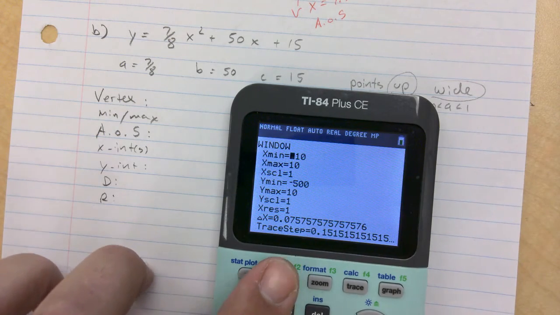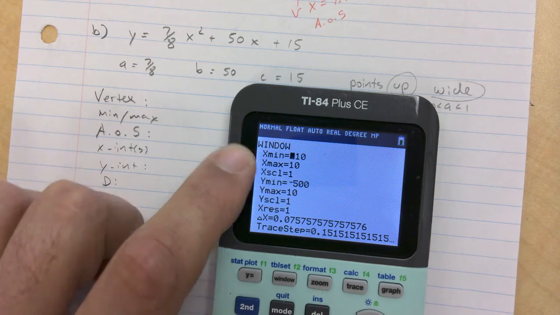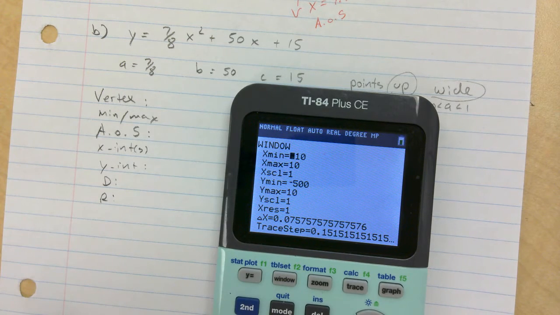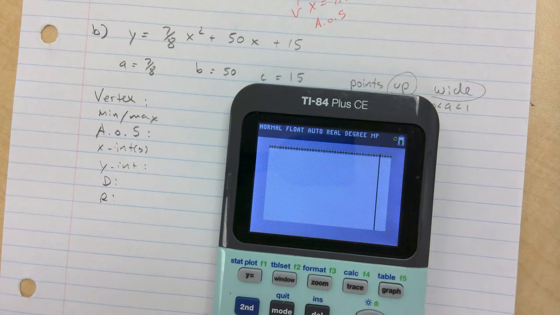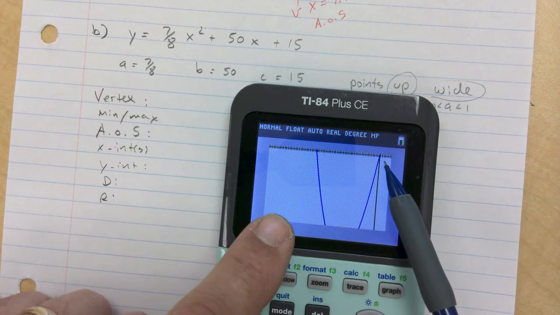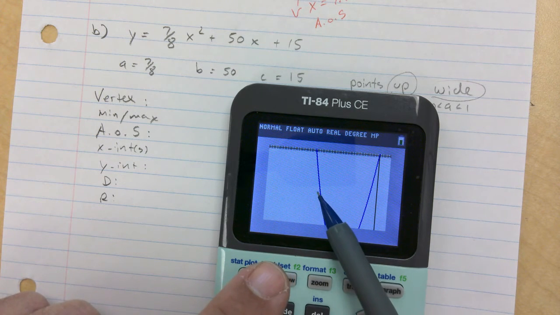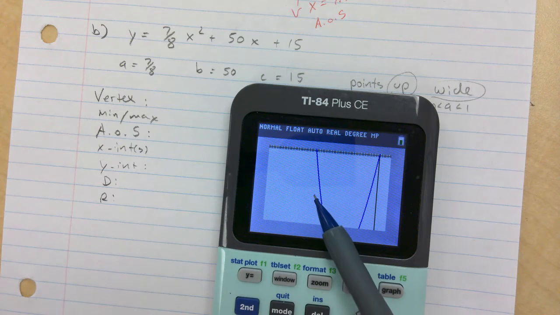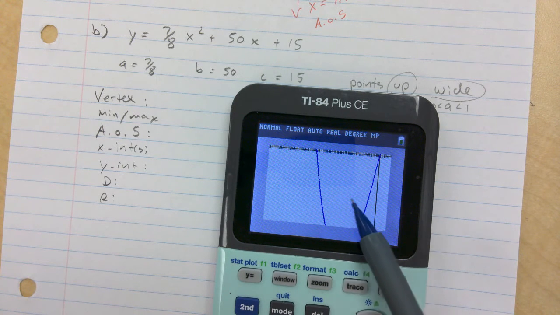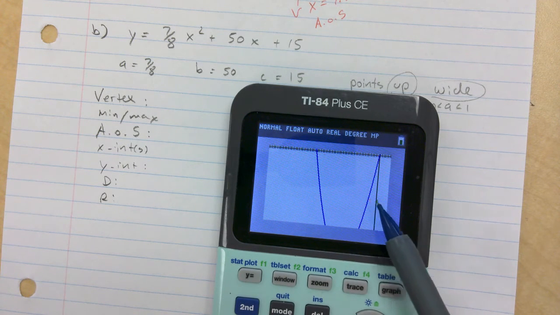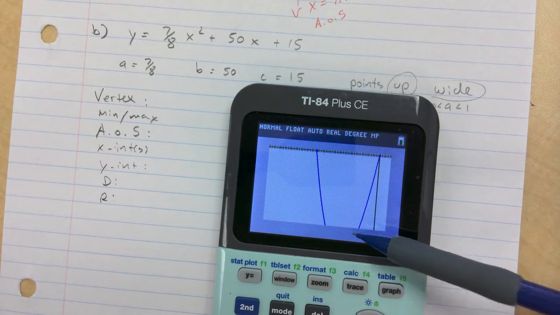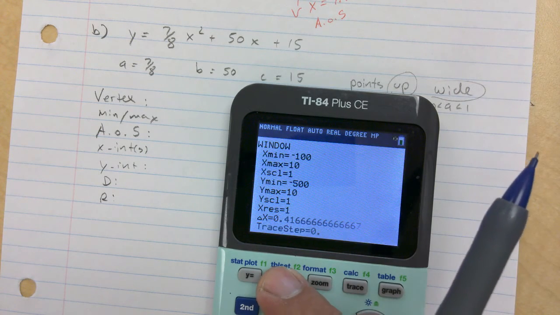So we're going to go window, x-min, and I'm just going to go -100. And as soon as I go -100, I'm actually seeing quite a bit more. I'm seeing that second arm of the parabola. Okay, so that's good. I still need to see the vertex. So I've got to go back to y-min.